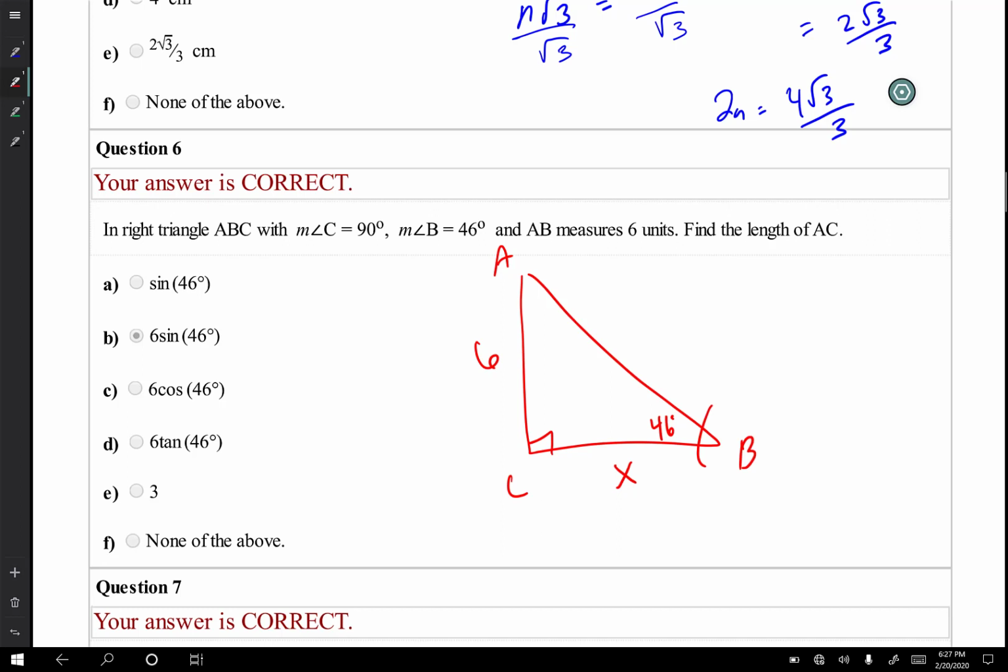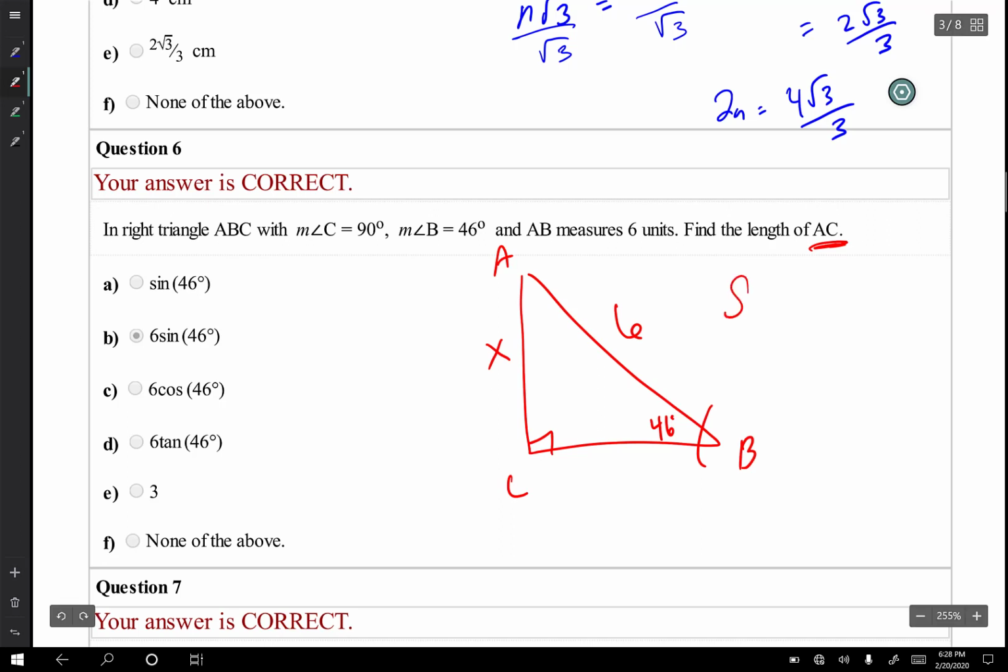With respect to 46 degrees, that 6 is opposite, and then that x, did I do something wrong here? Find the length of AC. Yeah, I did do something wrong, sorry. The length of AC is what I want, so that's x. AB is 6, so this is 6. Sorry, I almost did a wrong one there. So with respect to 46 degrees, x is opposite, and 6 is the hypotenuse.